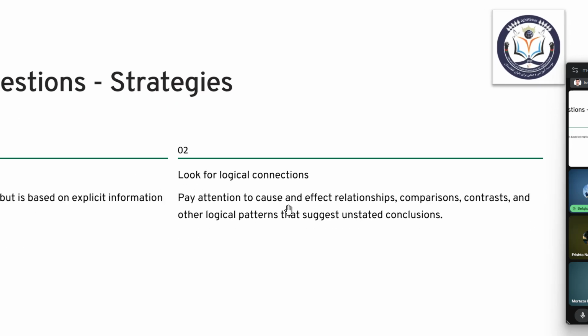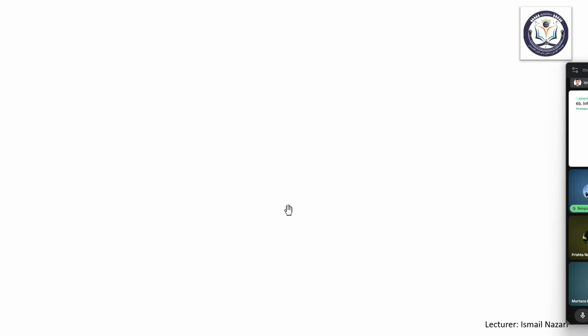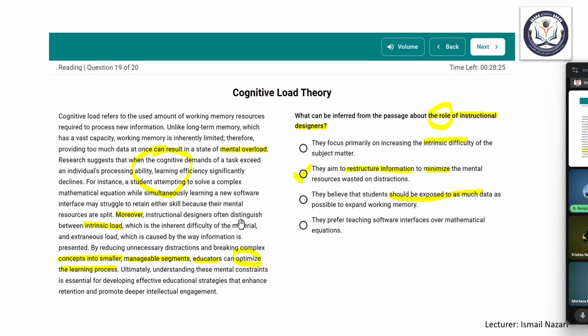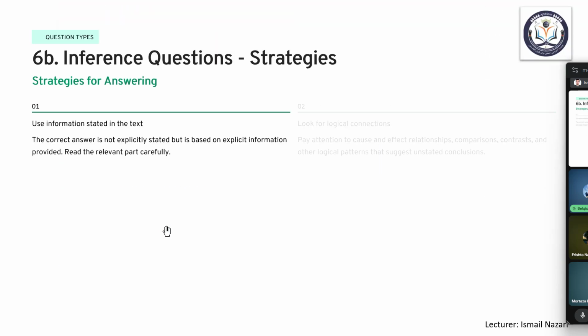As we had in this example, that example showed a kind of definition because it talked about the cognitive load theory, right? There were two types of theories that they talked about, or how they describe cognitive load theory. So we have to be careful of these types of connections.